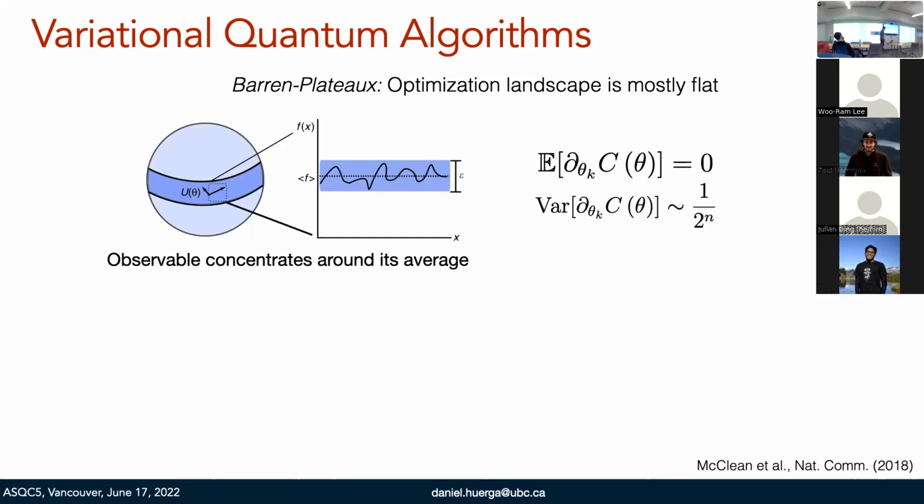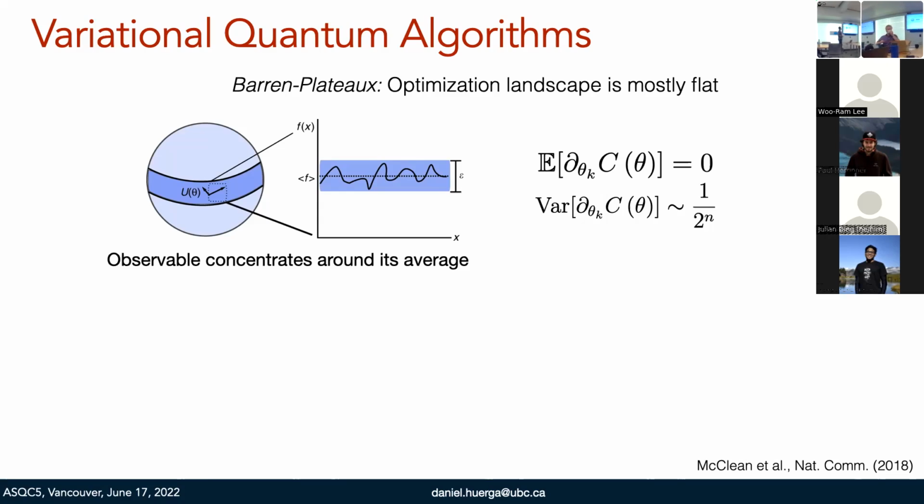So although the initial expected potentialities of this very natural framework of combining small quantum devices with the power of current CPUs, recent work has shown that indeed this optimization landscape is impeded by numerous roadblocks, and specifically these barren plateaus, which are large flat regions in the optimization landscape.